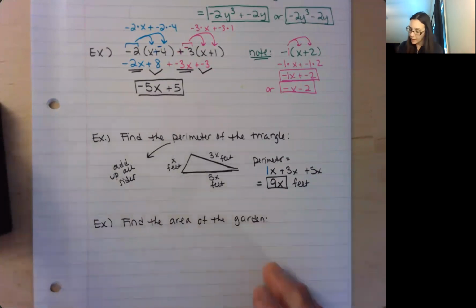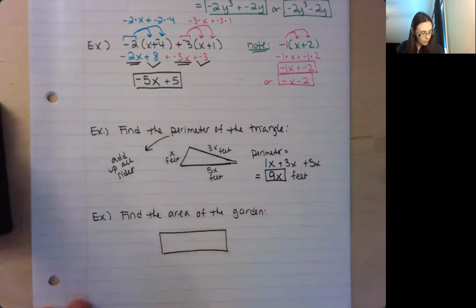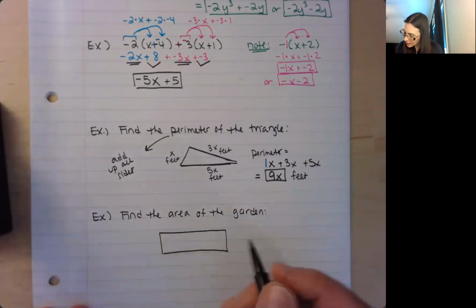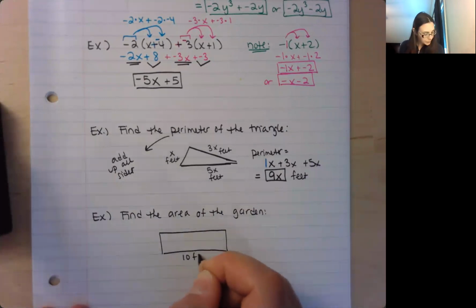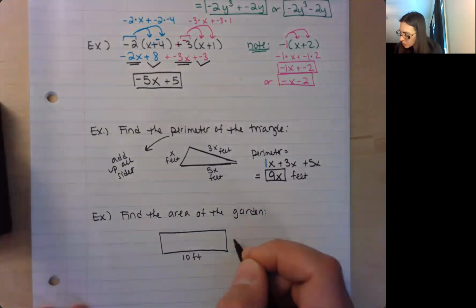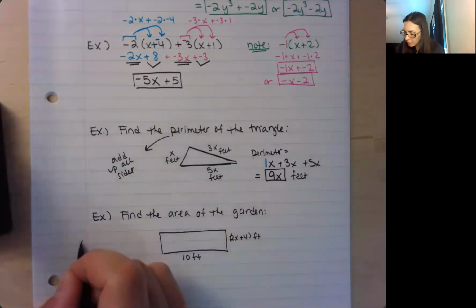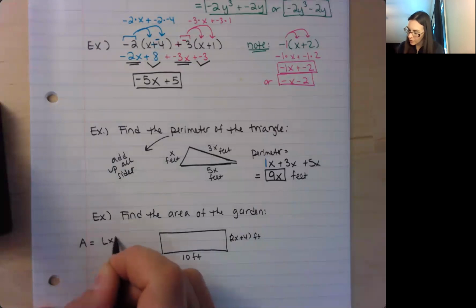All right, so maybe I want to find the area of a rectangular garden. So maybe one side is 10 feet. And the other side maybe is 2x plus 4 feet. Now remember, the area of a rectangle is your length times your width.